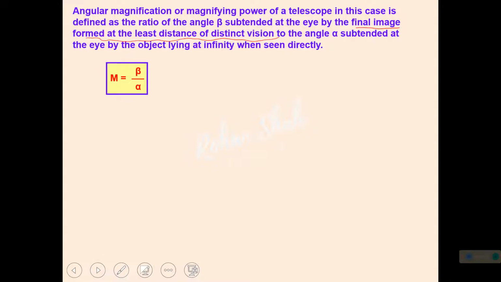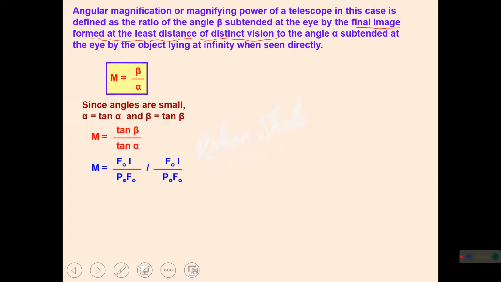Thus, now again magnification is beta upon alpha. Angles are very very small, so alpha is tan alpha, beta is tan beta. Magnification is tan beta upon tan alpha. Again, this is FO upon I, PE upon FO, and FO into I, PO FO. This will remain the same. So PO upon FO upon PE upon FO, that is FO upon minus of UE. Right? Now UE has come in place of FE.